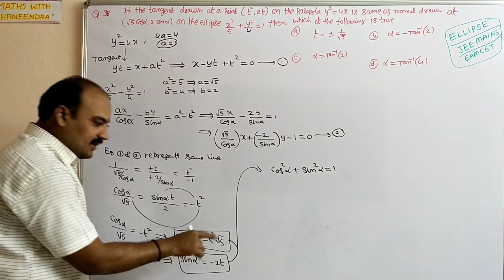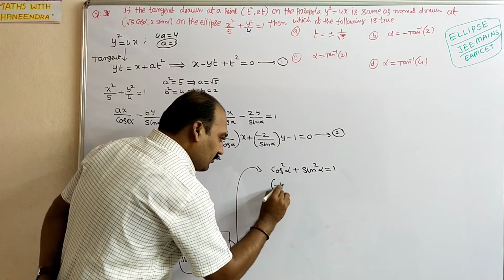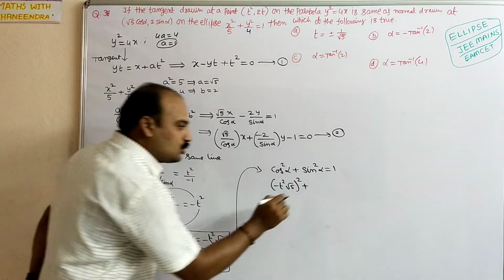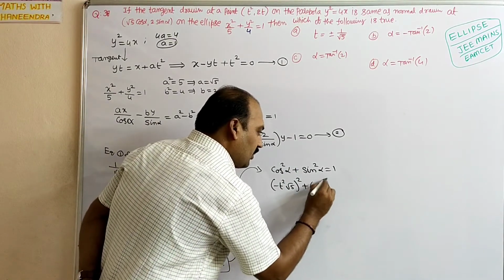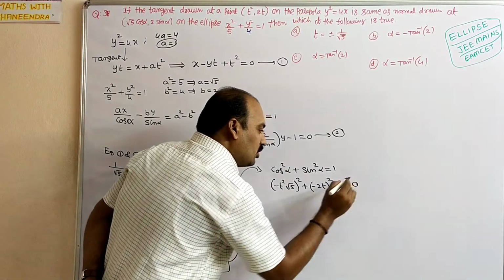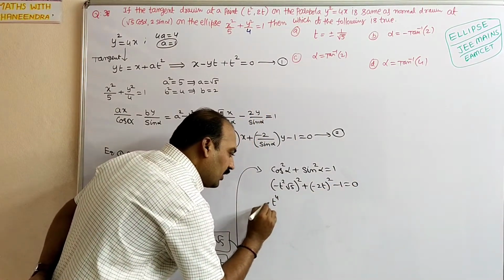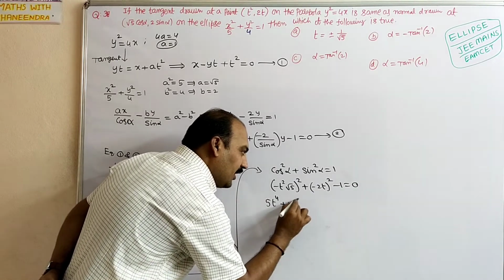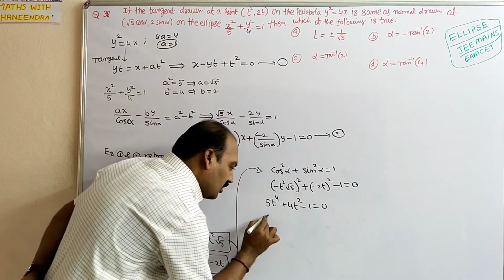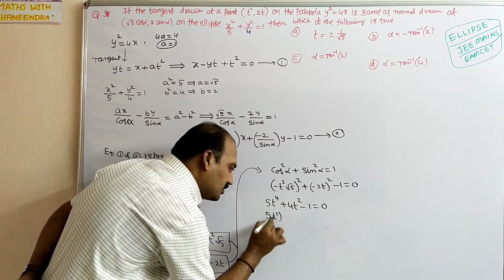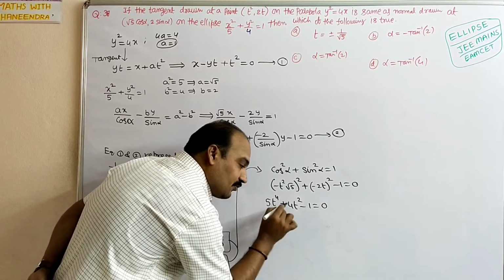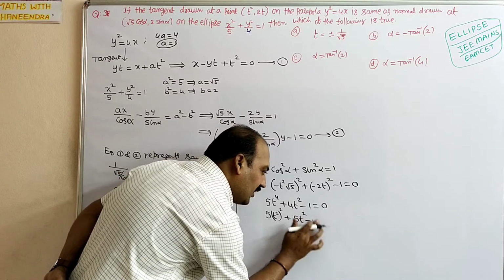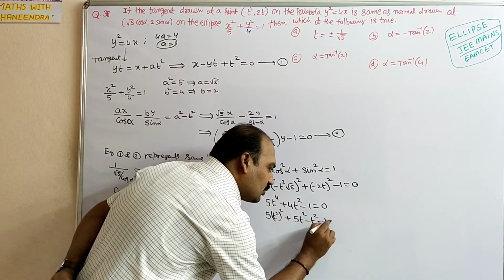Cos square alpha is minus t square into root 5 whole square, plus sin square alpha is minus 2t whole square, equal to 1, which means minus 1 equal to 0. So 5t power 4 plus 4t square minus 1 equal to 0. This can be written as 5t power 4 plus 5t square minus t square minus 1 equal to 0.